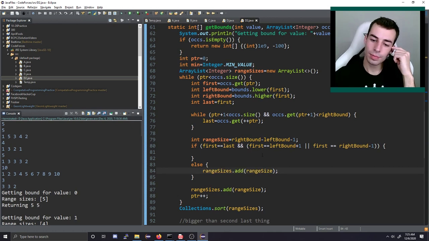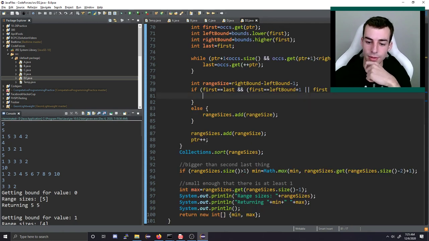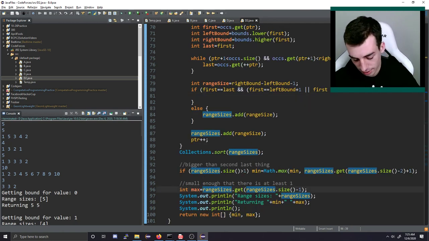This is hacky, but it might work, I think. Otherwise, yeah, we don't do anything. And now the biggest it can be is the biggest minus the second biggest, or it goes from the biggest to the second biggest.